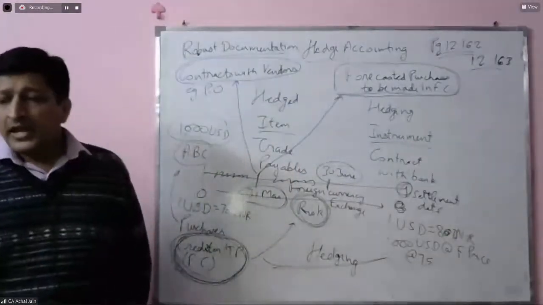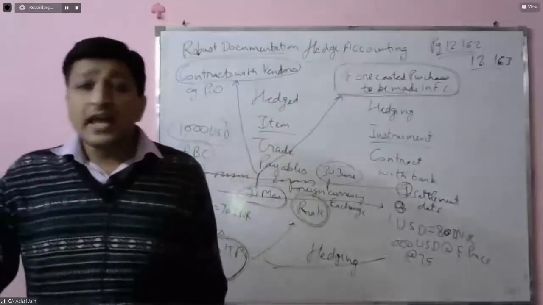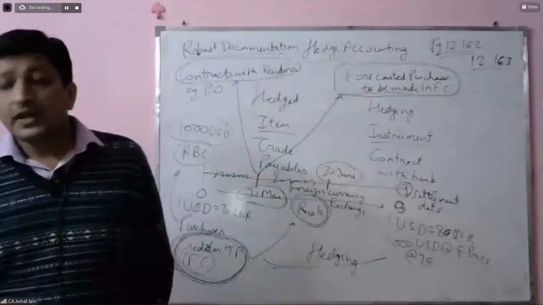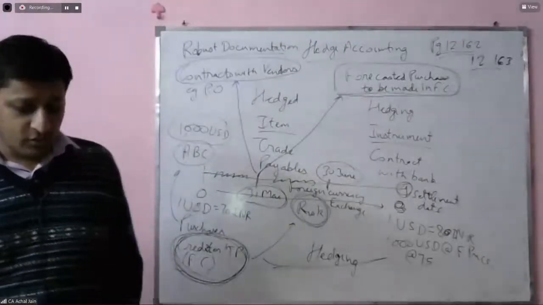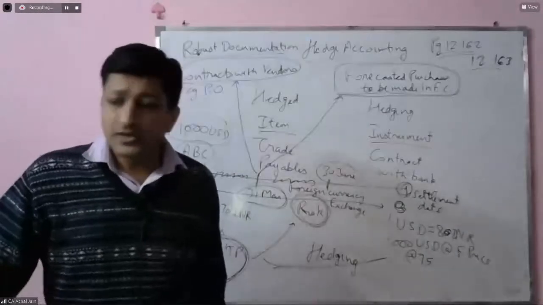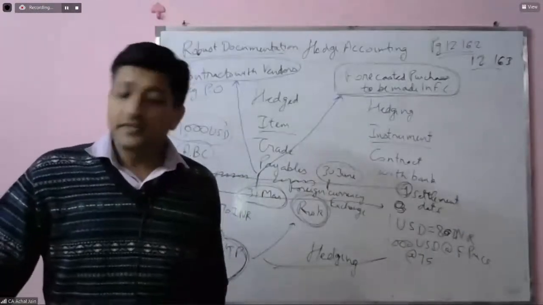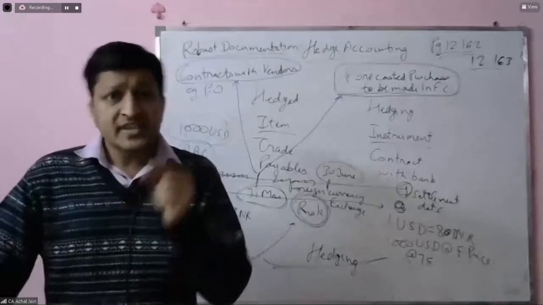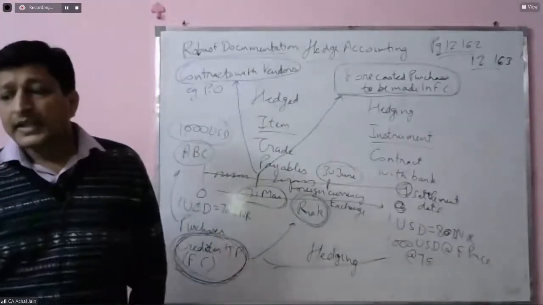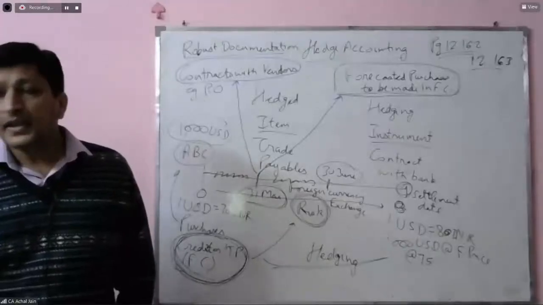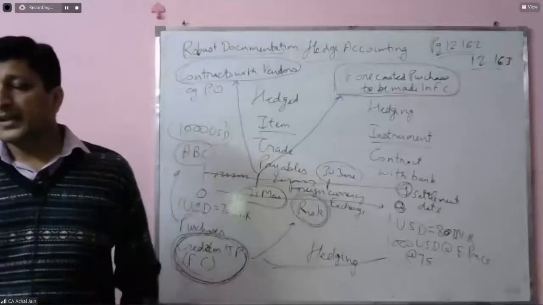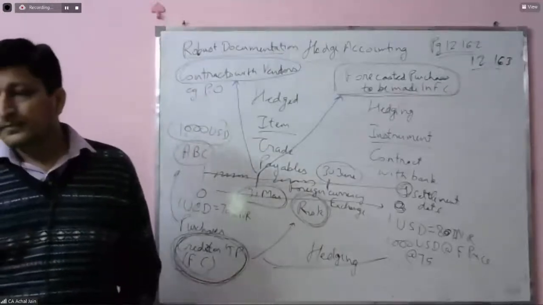For fair value hedge, we will check, is the hedged item an equity designated as fair value through OCI? You remember, equity can be designated as fair value through OCI. So first of all, we'll check that. If we say yes, then gain or loss will be recognized in OCI. Obviously, any gain or loss will be recognized in OCI.